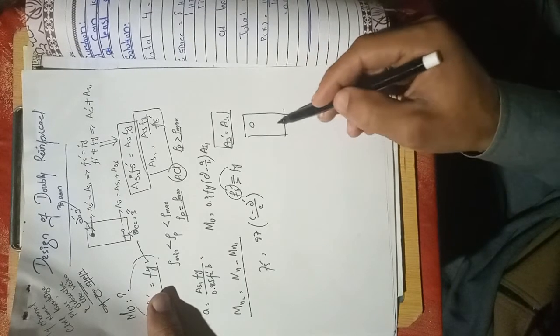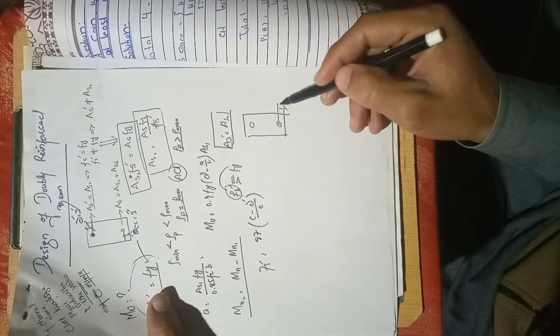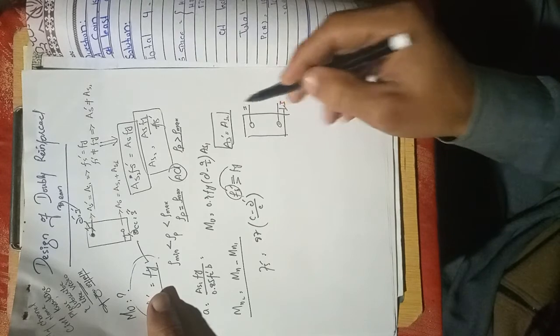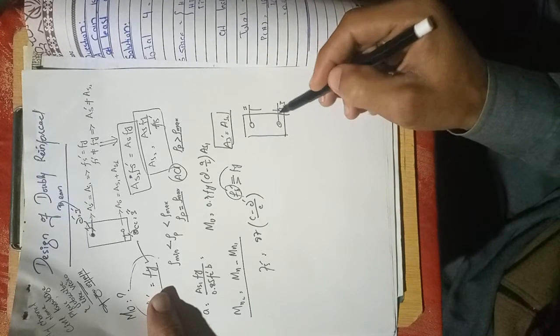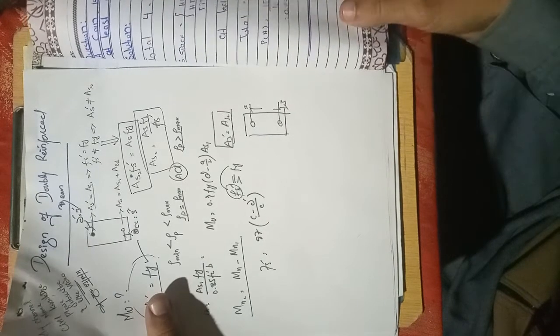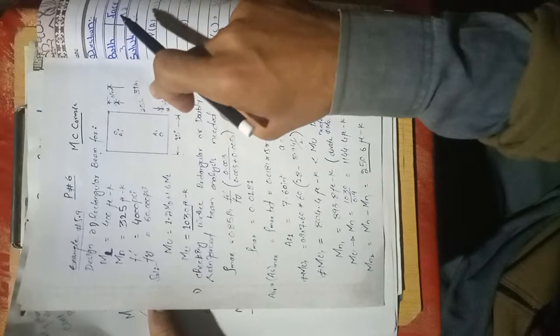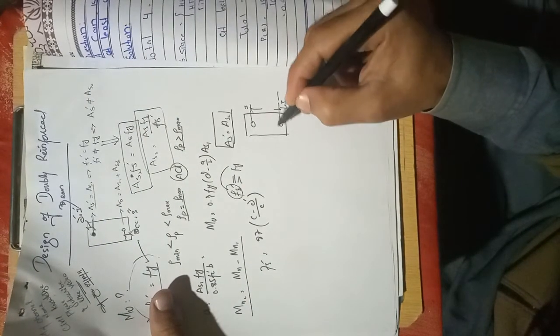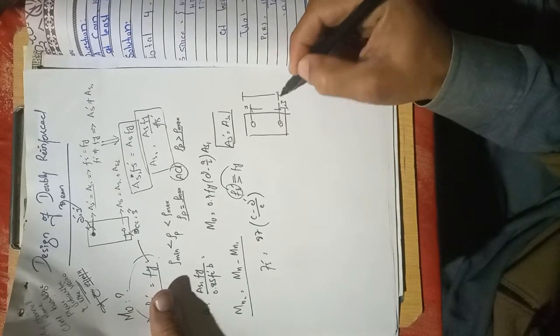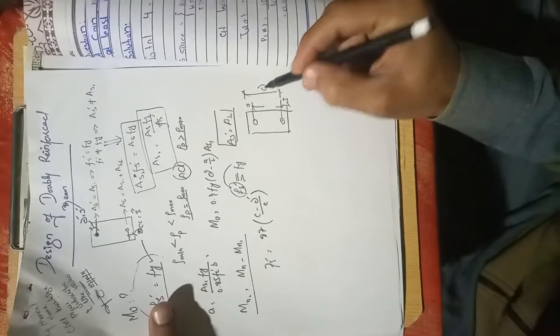Here we have 3 inches, 3 inches, and this depth is given as 25 inches. So 25 plus 3 is 28, plus 3 is 31, minus 3 will give you the value of d. The d value is from the center of this steel to the top.